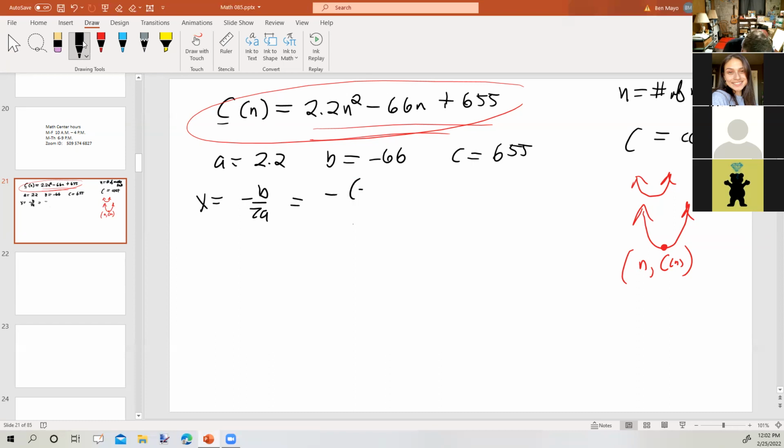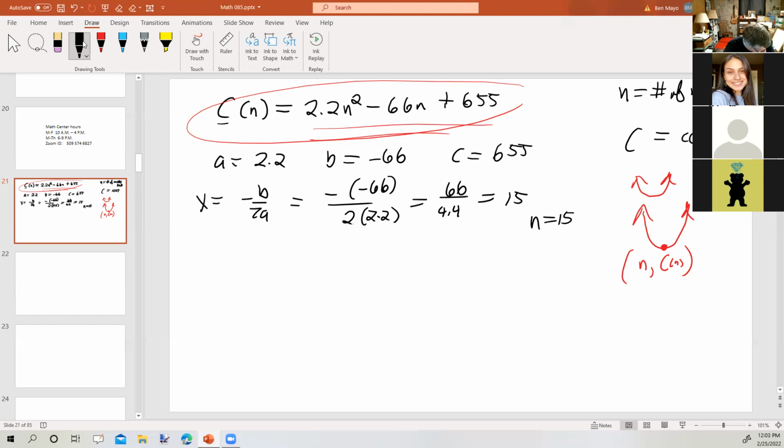So we've got negative times -66 over 2 times 2.2, which is 66 over 4.4, which is 66 divided by 4.4, 15. Okay. So n equals 15. That's the number of minutes that produces the minimum cost.